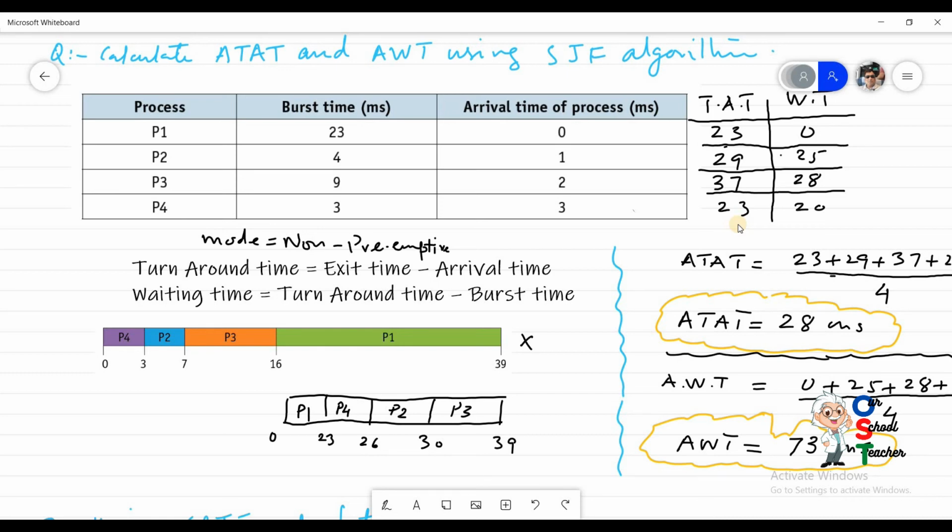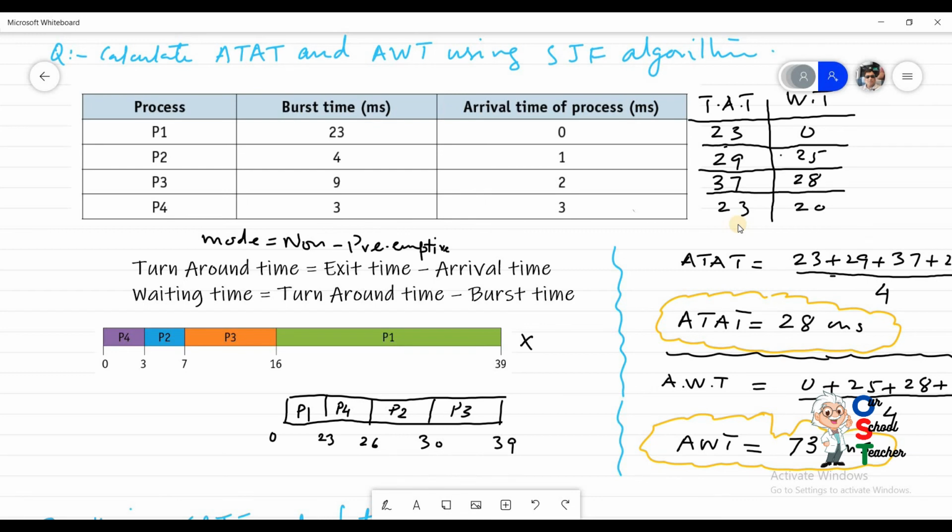Now to calculate waiting time, I have told you, turnaround time minus burst time. So for the first process, the turnaround time is 23 minus burst time 23, so 23 minus 23 is equal to 0. For P2, waiting time would be 29 minus 4, that is 25.